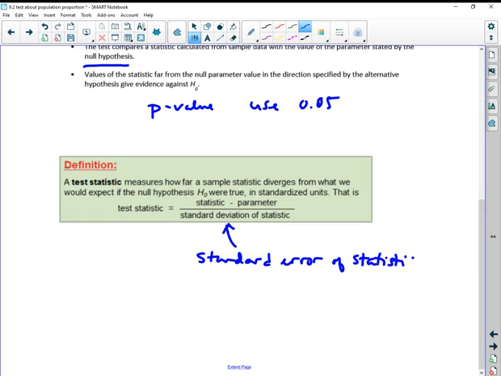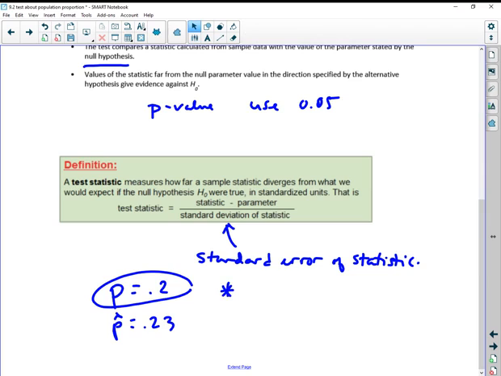But if you have a value that you're testing, in this situation we'd be using a p because we're doing proportions. If you're saying that your proportion is 0.2 and your p-hat was maybe 0.23, this is the one you're going to be using. On the AP formula sheet, you'll see a little asterisk. They tell you that if you have the value available, you should be using the population parameter. So that's what we're going to be doing.